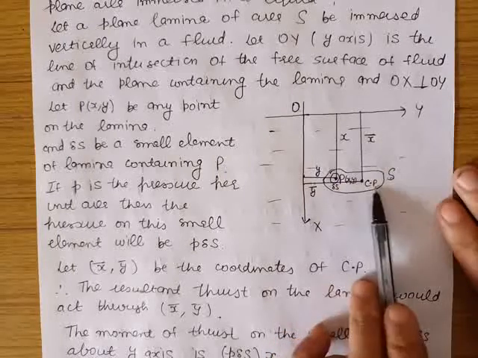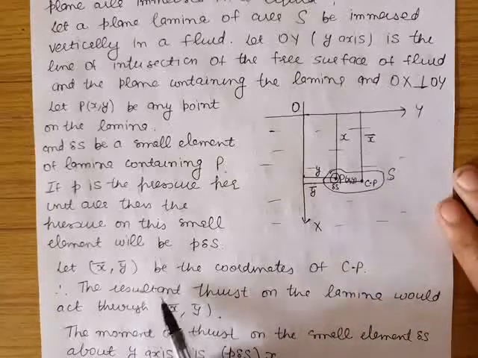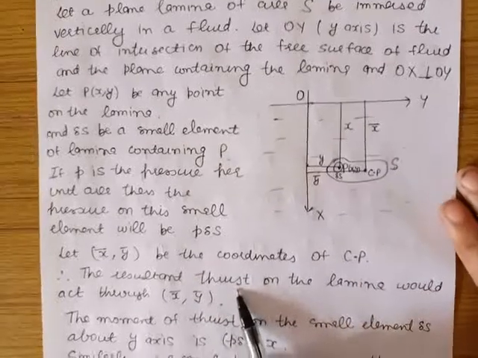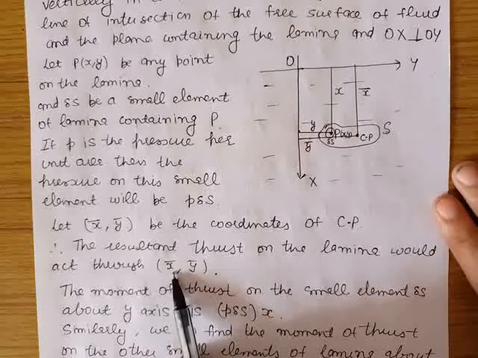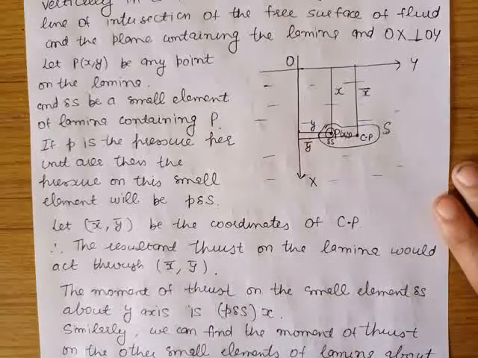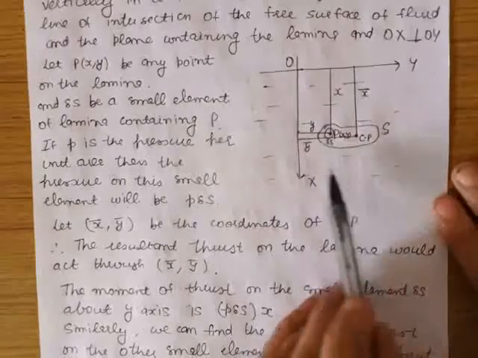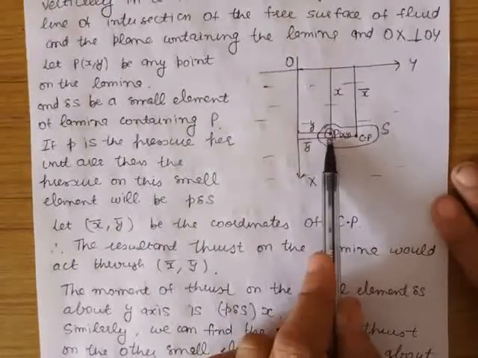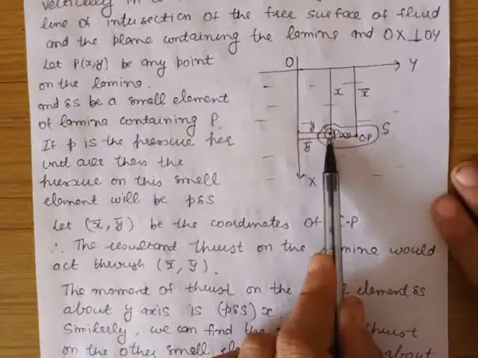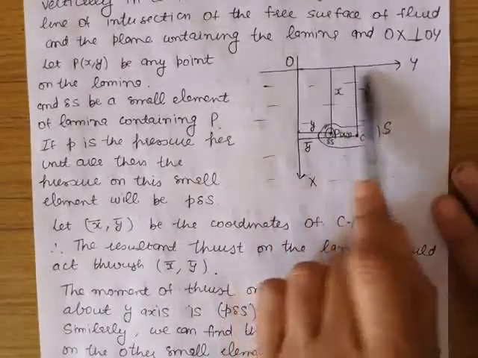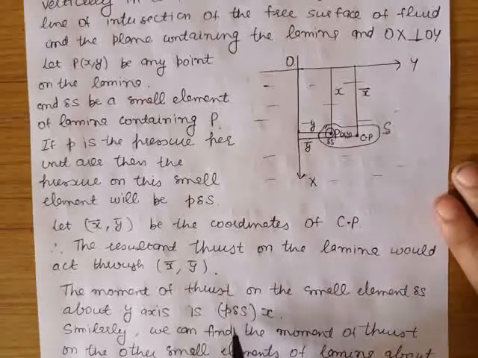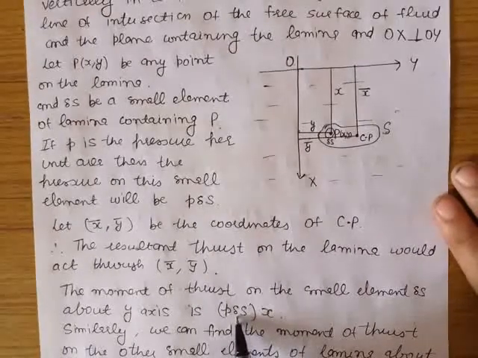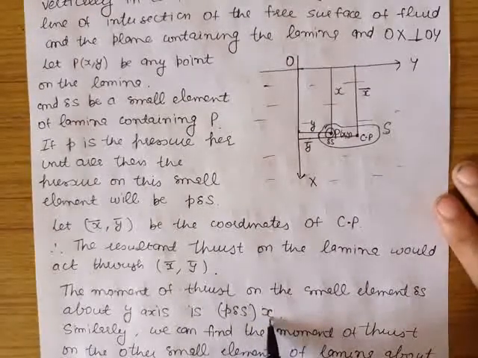Now this is center of pressure, so it means the resultant thrust on the lamina would act through this point. Now let us find the moment of the thrust on this small area element delta S about the y-axis. So that is given by p into delta S into x.